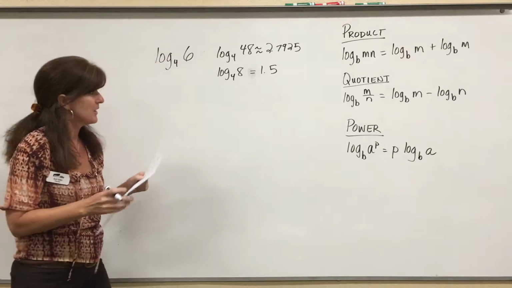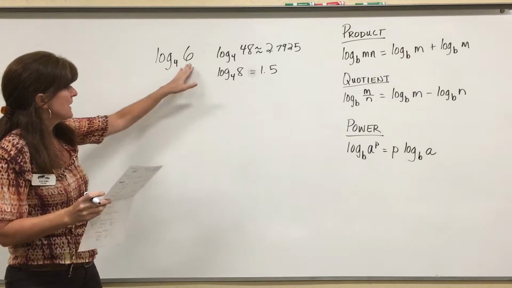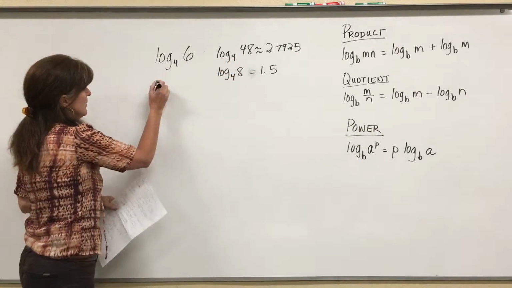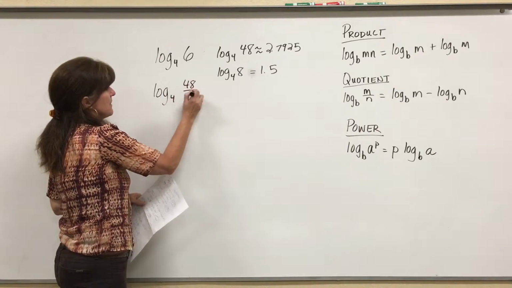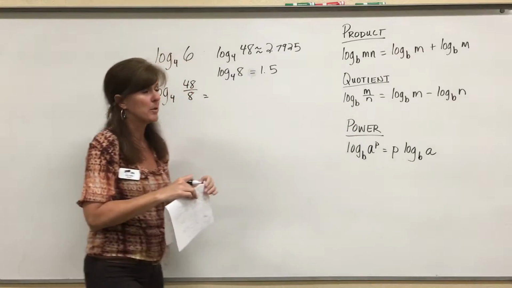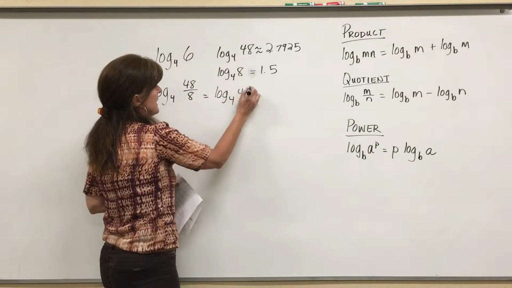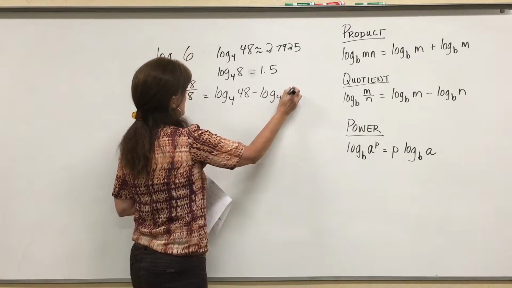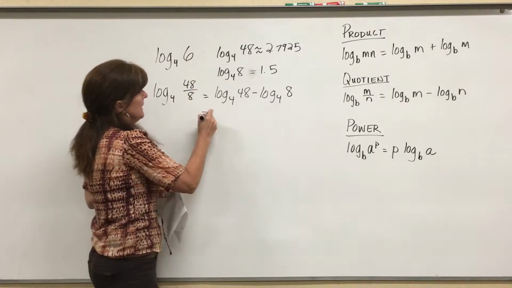We proved that in a couple problems ago. Then, how am I going to break up 6 between 48 and 8? Well, it's a division problem. 48 divided by 8, and based on the quotient formula, that is the same thing as log base 4 of 48 minus log base 4 of 8, because 48 divided by 8 is 6.